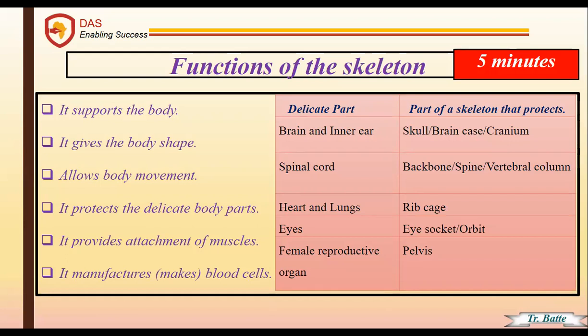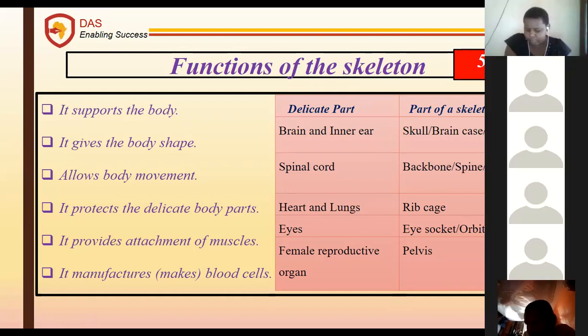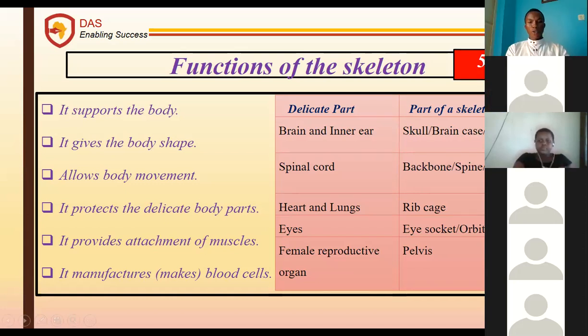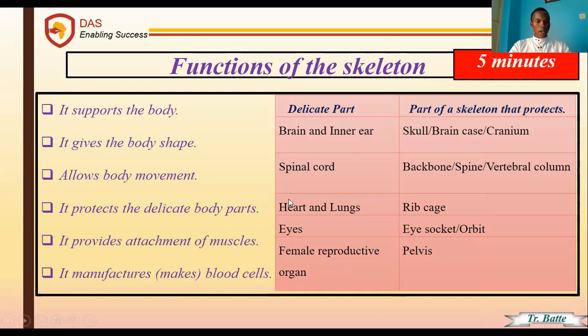It provides attachment of muscles. When I talk about muscles, I mean your flesh, right? The muscles that you see cannot just be there independent without support. So what helps to attach them are those bones, or what we call the skeleton. So the skeleton helps to provide the attachment of your muscles. Are we together?